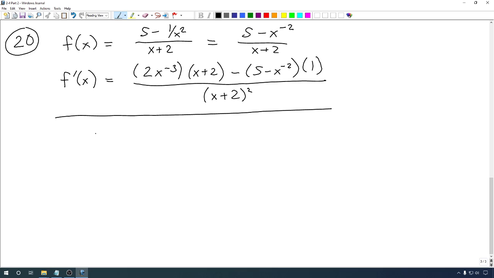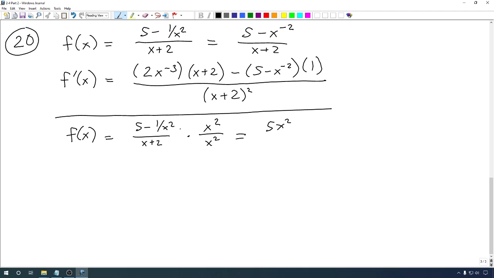So take this 5 minus 1 over x squared, over x plus 2, and to get rid of the x squared on the bottom of this fraction that's on top, they want us to multiply the top and bottom by x squared. So when we multiply this top by x squared, of course the 5 becomes a 5x squared.